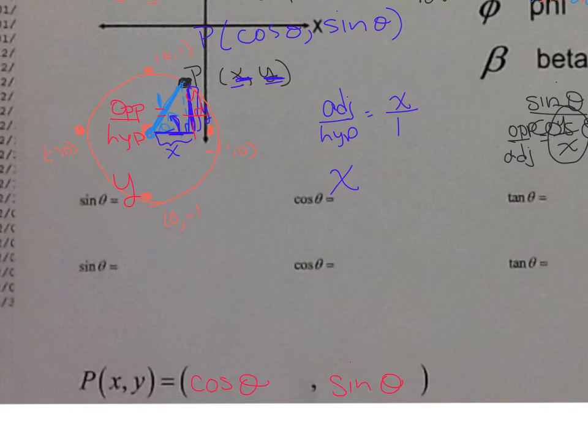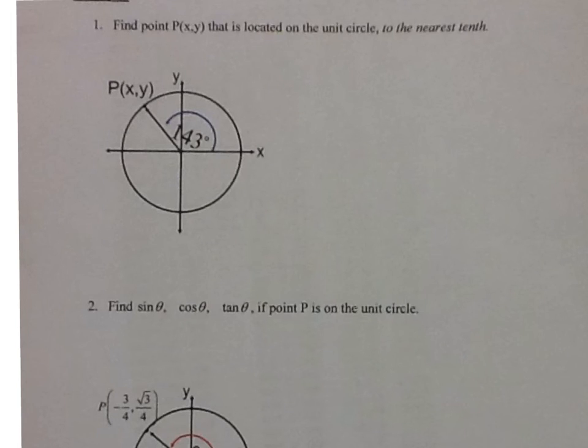Okay, so let's flip the paper over and take a look at the first problem. It says: find point P, which is (x, y), located on the unit circle to the nearest tenth. Look at where my point is. It's over here in the second quadrant. This is what I know: my point P is cosine theta, comma, sine theta.